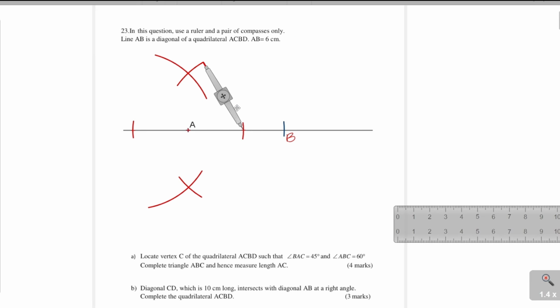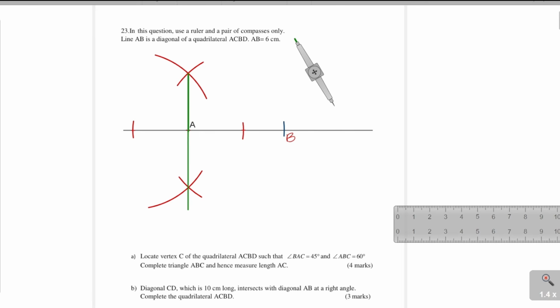When you join these with a straight line, that will be 90 degrees. You're supposed to join from that point all the way down there, the point of intersection of those arcs. So let me rectify something here. From this point down there using a straight line, that is 90.